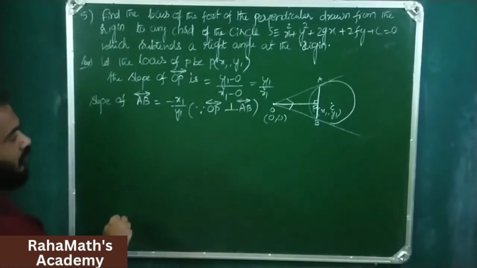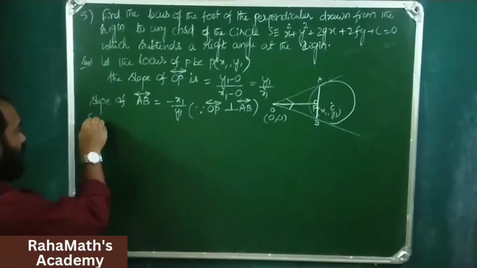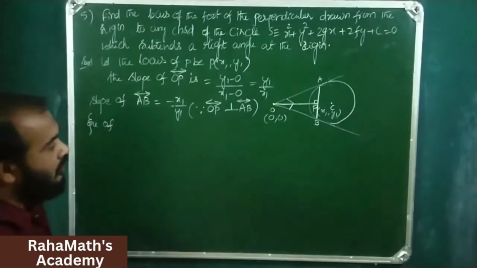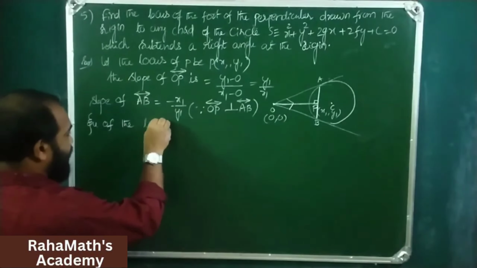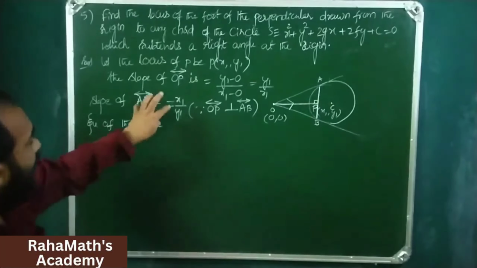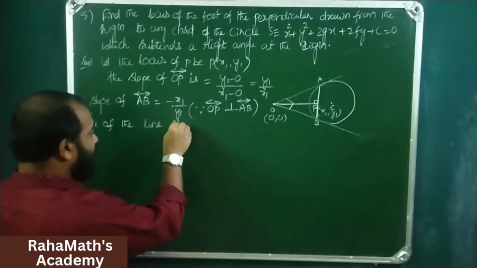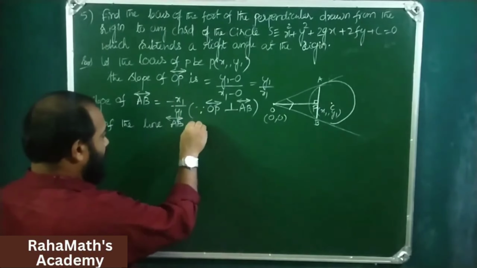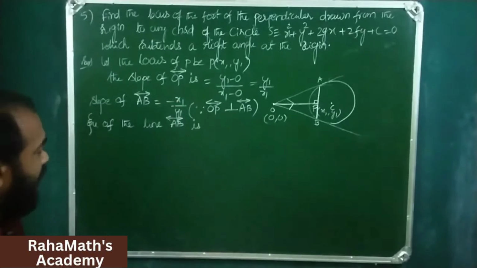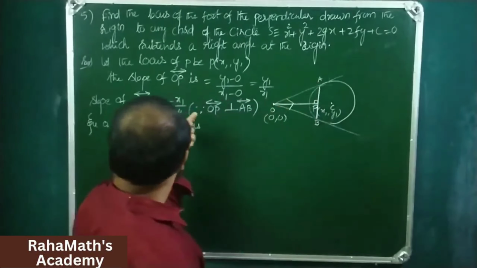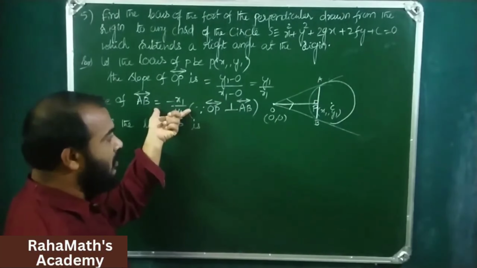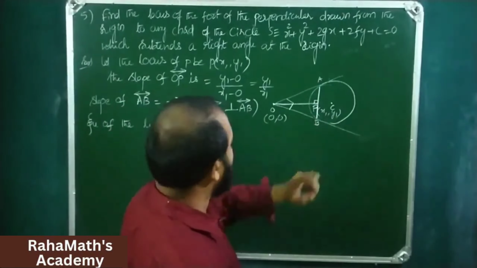Therefore, the equation of the line AB: for this line we have the slope, which we just found, and it is passing through (x1, y1).